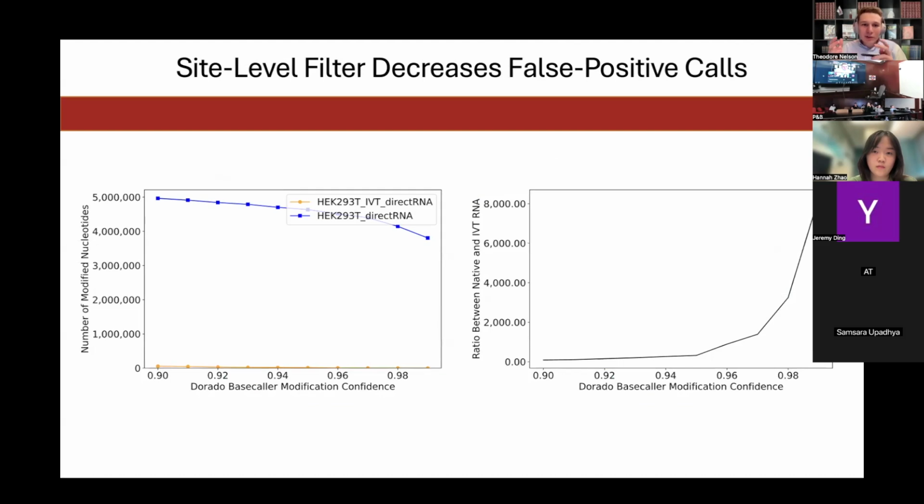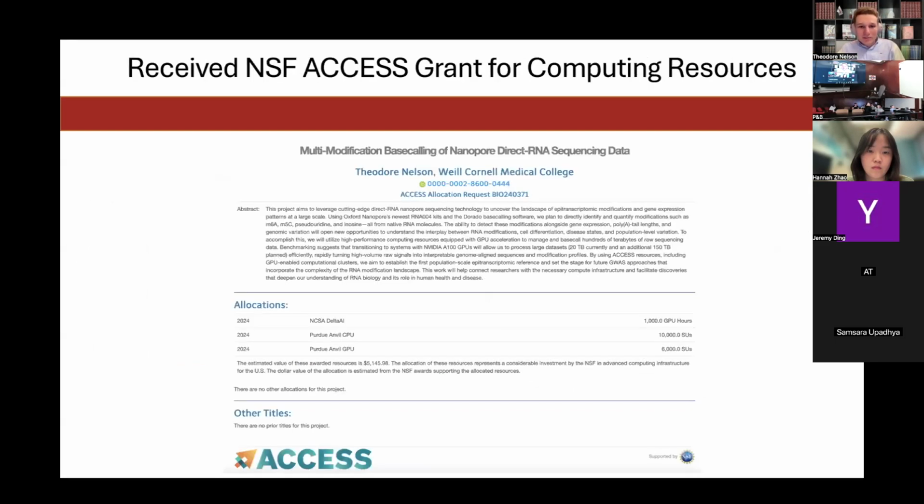Being able to take a sample, sequence it, get m6A, and trust it, believe it, and use it for all of your applications, whether it's low stoichiometry m6A or otherwise, as long as you have enough reads at your particular site.